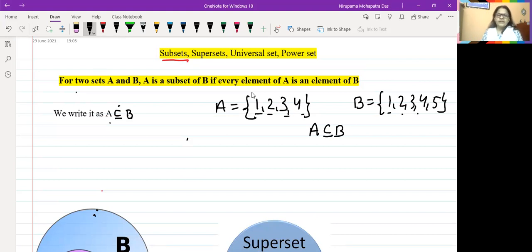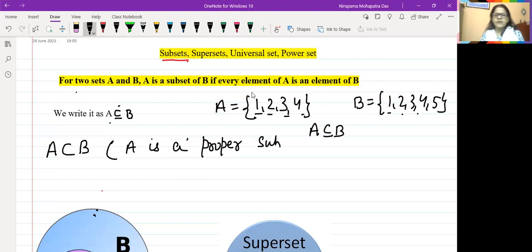There may be cases like this, and you will come across another symbol also. We call this A is a proper subset of B. Here also the same criteria: every element of A is an element of B. Now the difference between subset and proper subset is this: a proper subset is a strict subset.